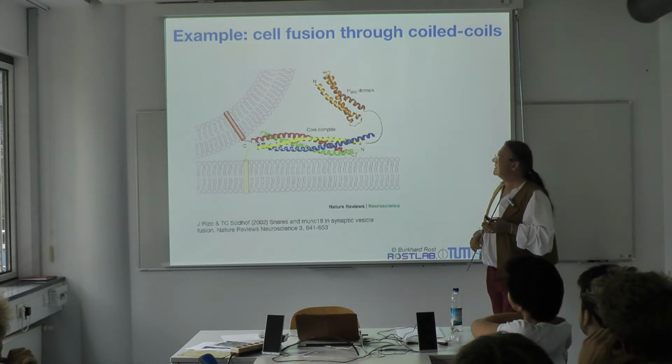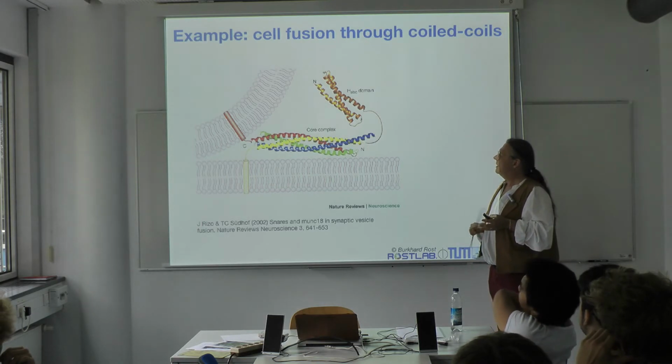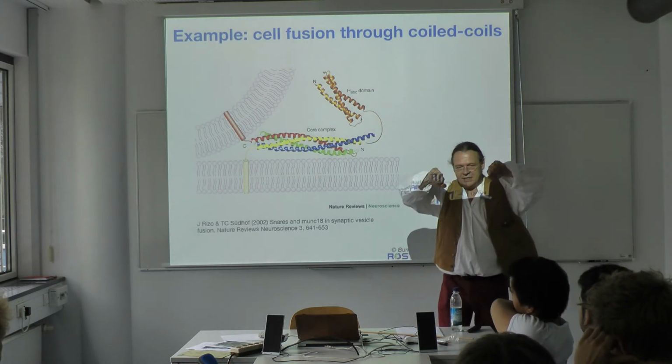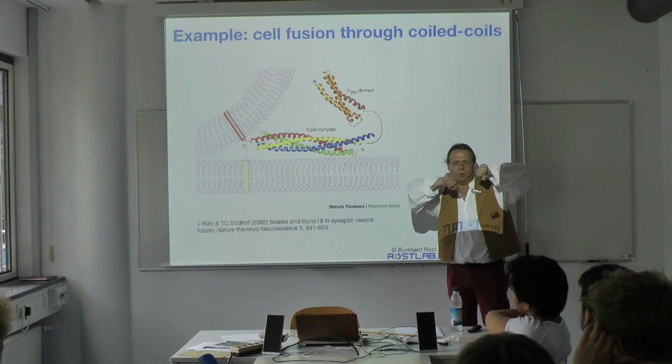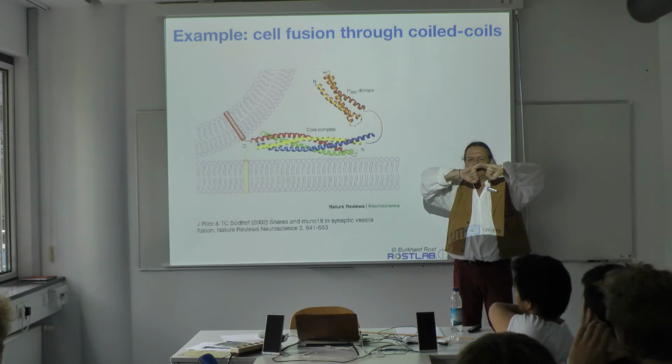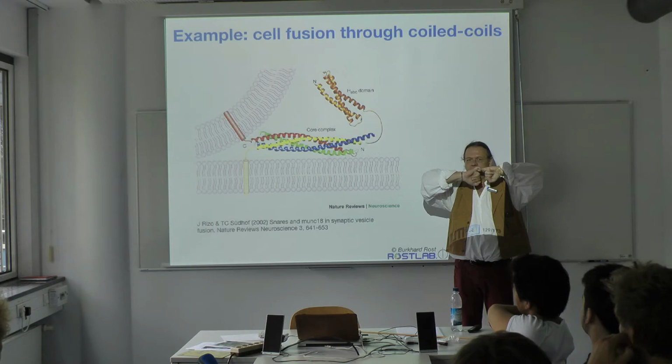There will be some counter reaction, that is true, but let's just assume, okay, these are the two cell walls of my cells, and now I have my coil, and now I intertwine them. What is going to happen? They stay together, yeah, but what is going to happen to my cells?